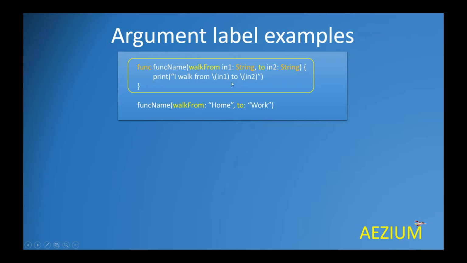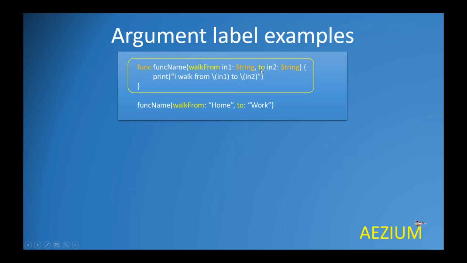of in2 is. So notice here that within the body of the code, we do not use the argument labels. The argument labels are only used in function call. The body of the code uses the names of the input parameters. So when we call this function, we call it like this, the function name, and within parentheses we use the argument labels because we have argument labels.